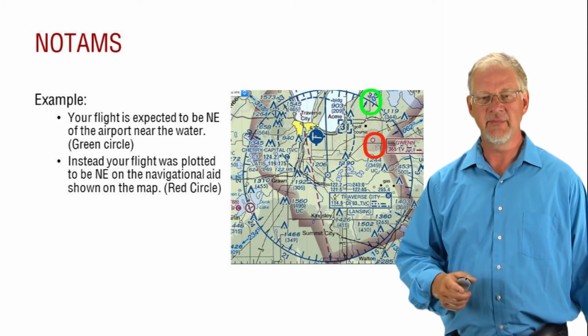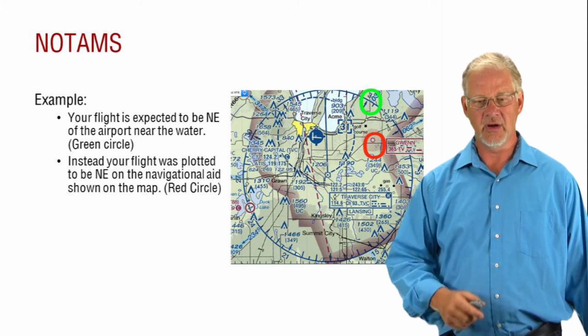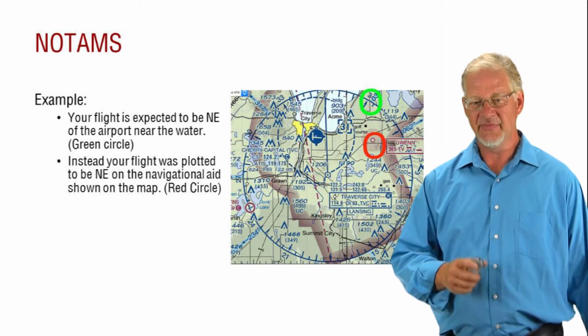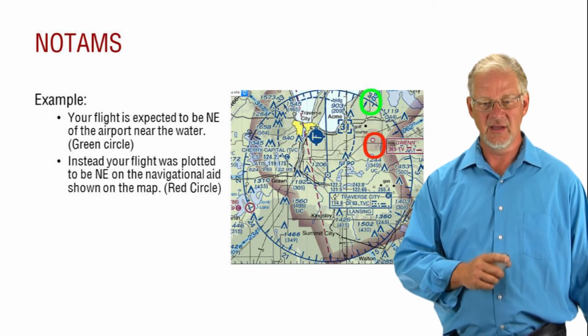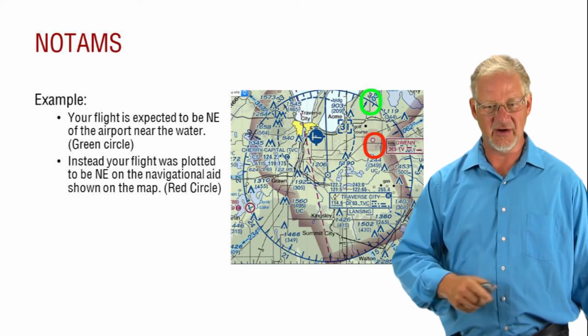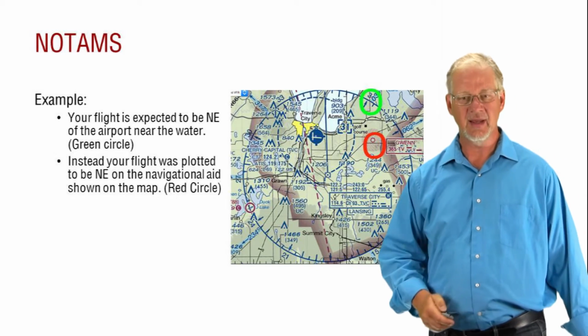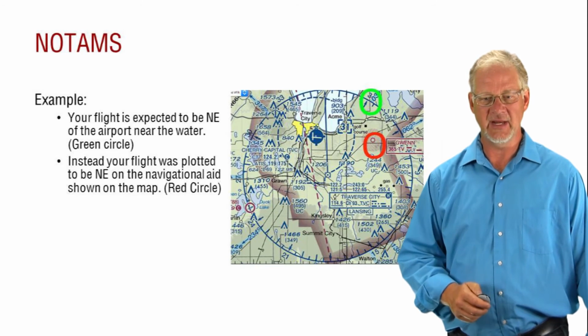But when you entered that information into the NOTAM, it came back with a blue dot somewhere close to the DME, the distance measuring equipment, that radio beacon that you see there. That's because it took the measuring information from the center of the VOR, which is in the center of that compass. This is what can happen when you incorrectly input the direction and distance of where you plan to fly.